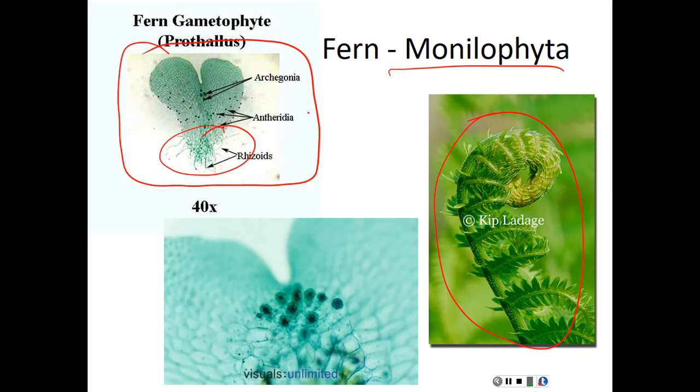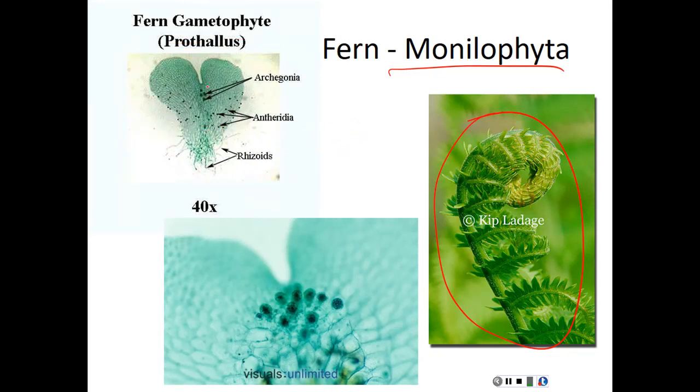And as the gametophyte, again, this is haploid, a haploid structure, one set of chromosomes. In the ferns, the gametophyte is bisexual, meaning that on this one structure we have both archegonia producing egg and antheridia producing sperm. Again, like we've seen in other groups, these sperm are flagellated and they need a drop of water or some amount of moisture in order to swim to the archegonia and make their way to the egg.